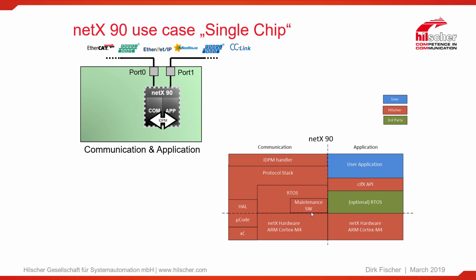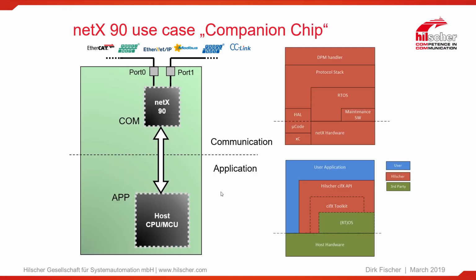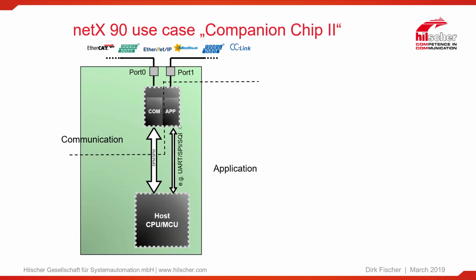Now if you consider the first use case, the companion chip use case, you might think, okay, what about the application side here? We don't use it, so it's not really used. Therefore, we can think about a different companion use case where you make use of the application side.